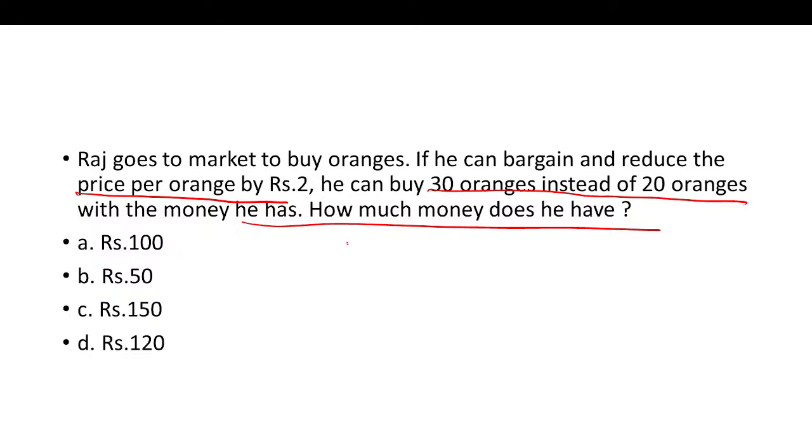Suppose he has some amount of money, M, and cost price per orange is X. In the first case, how many oranges is he buying? 20 oranges, each one costs X. So total money spent on 20 oranges is nothing but 20x.